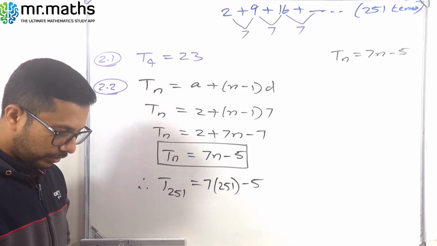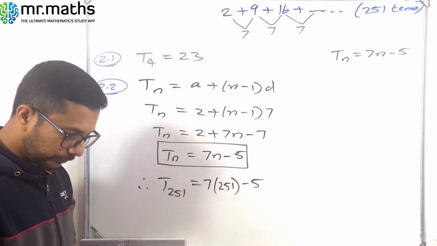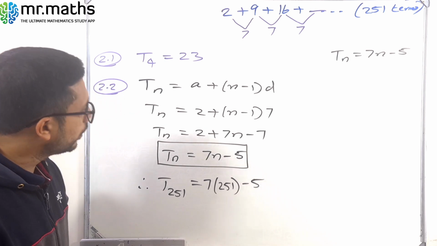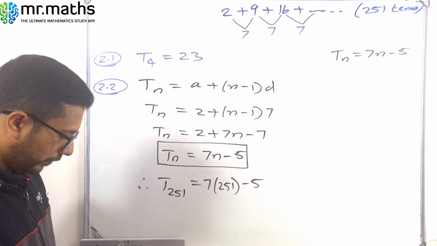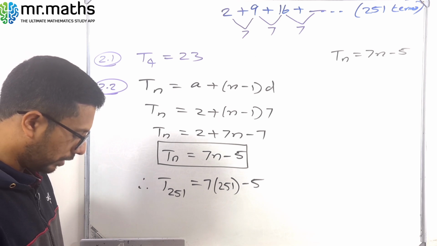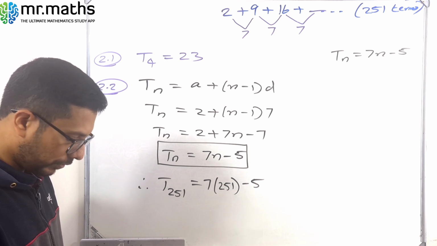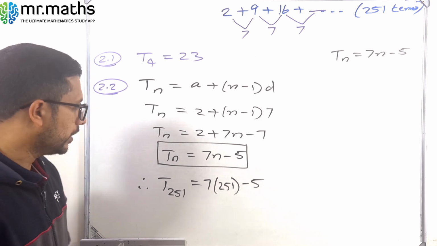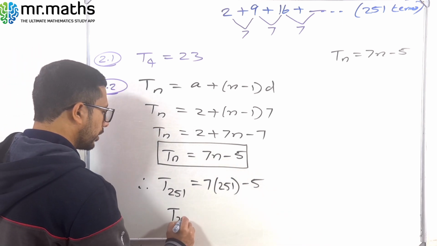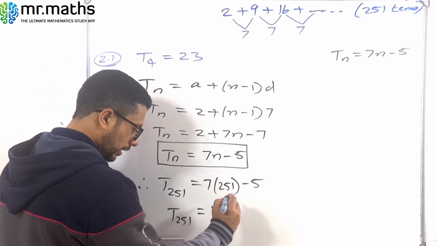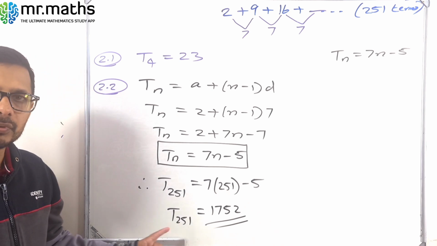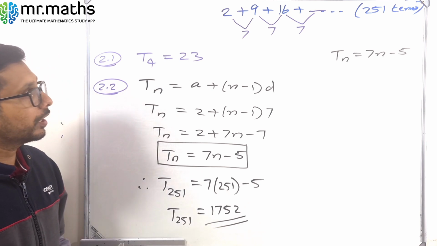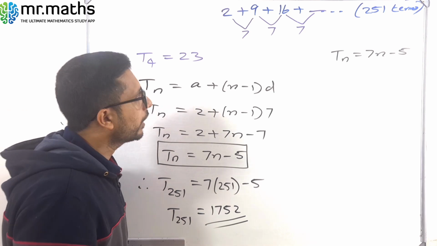Check on your calculator what the answer is: 251 times 7 minus 5 is 1752. So T251 is equal to 1752. The 251st term is 1752.